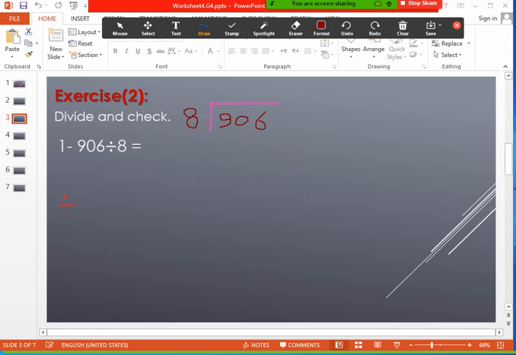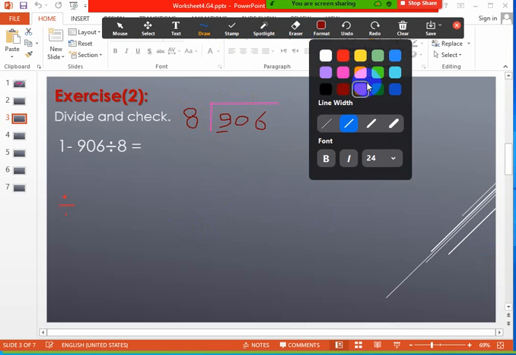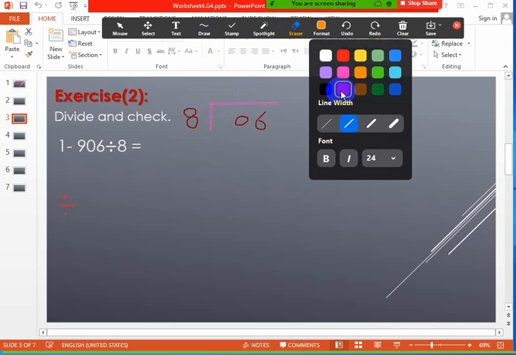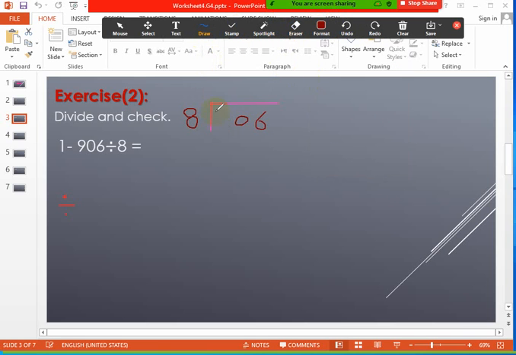Okay, now I will choose a girl. Yes, Kayan, open the mic. Yes, first thing, I have to start with the first digit, which is 9. Can I divide 9 by 8? Yes, very good. 9 is greater than 8. So I can divide it by 8. How many 8s in the 9?